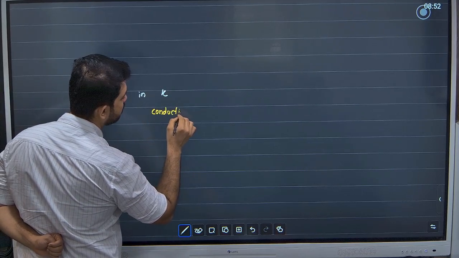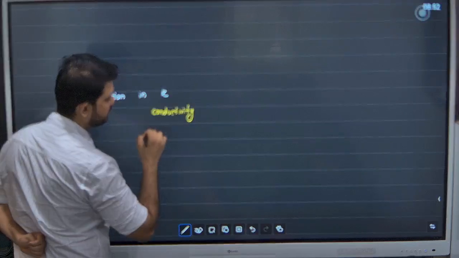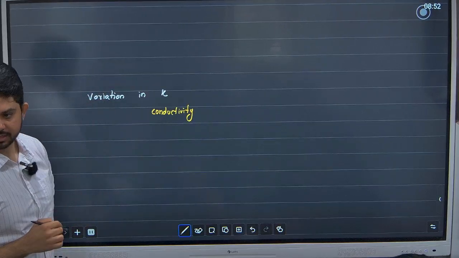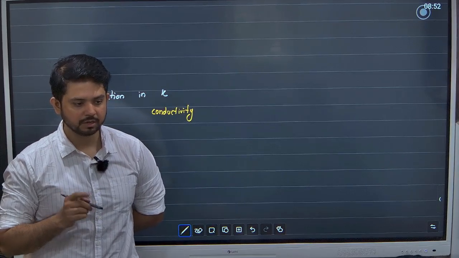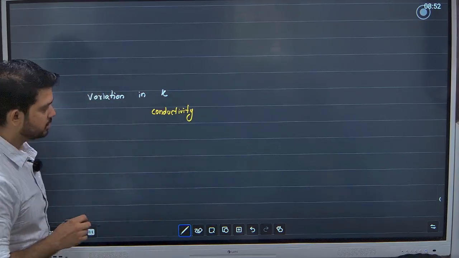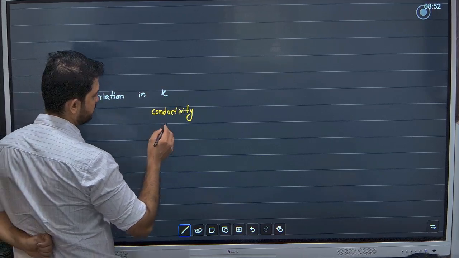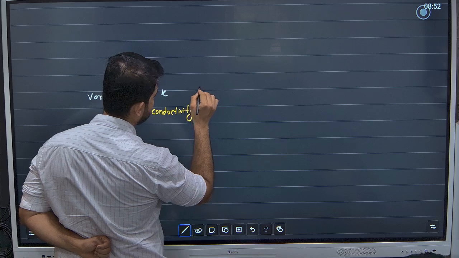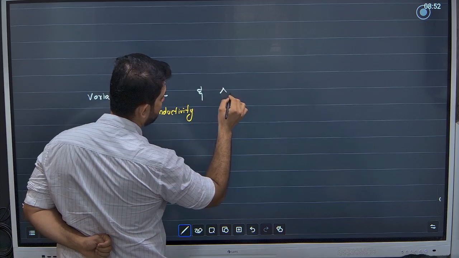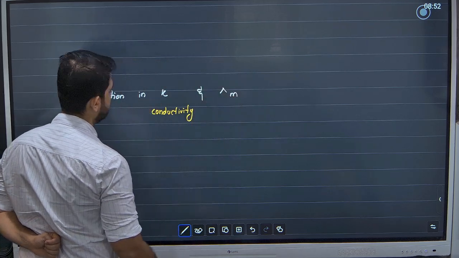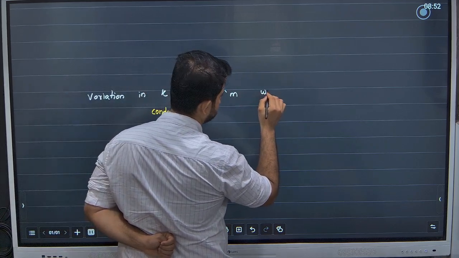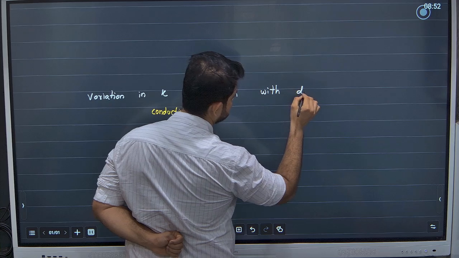It can also be called specific conductivity or specific conductance if the distance between the electrodes is 1 centimeter and the cross sectional area is 1 centimeter square. So variation in conductivity and molar conductivity with dilution.